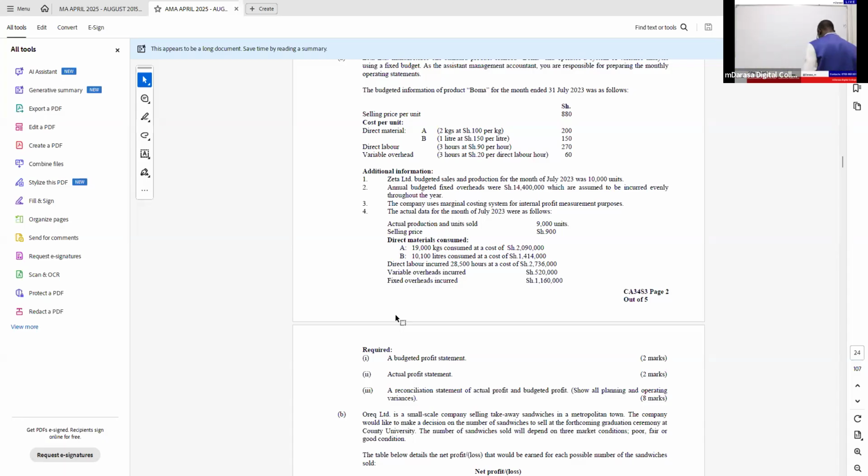That's what you need to prepare. Budgeted and actual profit. So we need to prepare that.